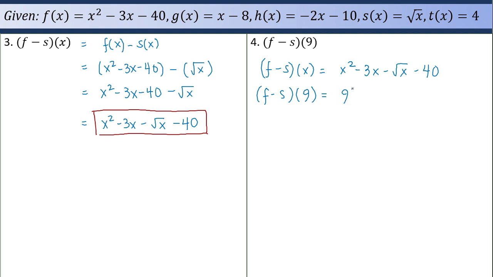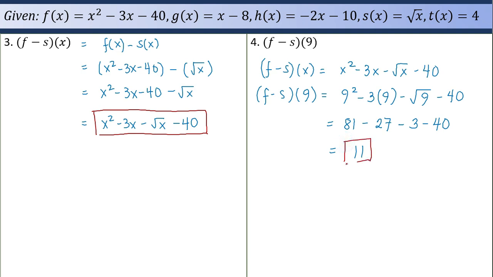So we have 9 squared minus 3 times 9 minus square root of 9 minus 40. 9 squared is equal to 81. 3 times 9 is equal to 27. Square root of 9 is 3. Then copy negative 40. 81 minus 27 minus 3 minus 40 will give you positive 11. Therefore, f minus s of 9 is equal to 11.